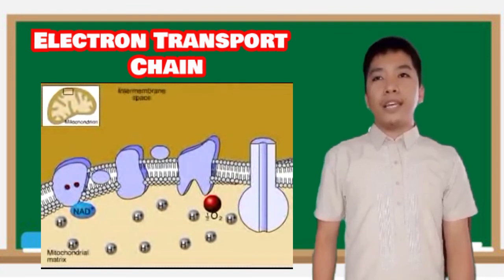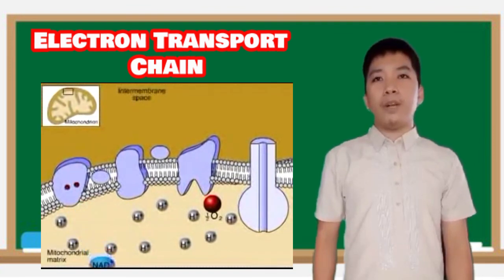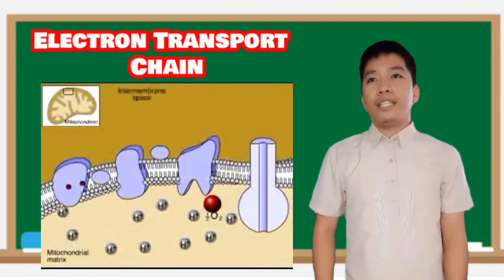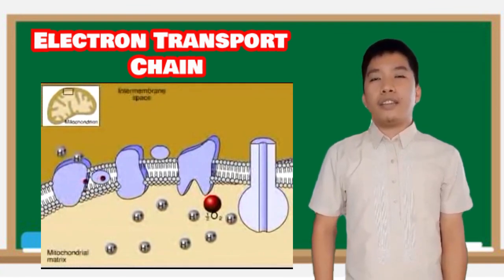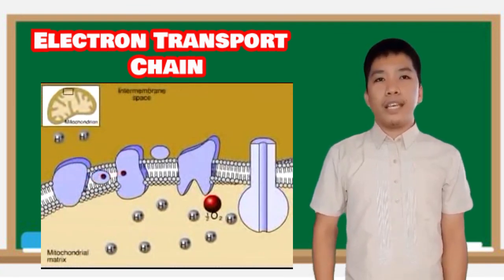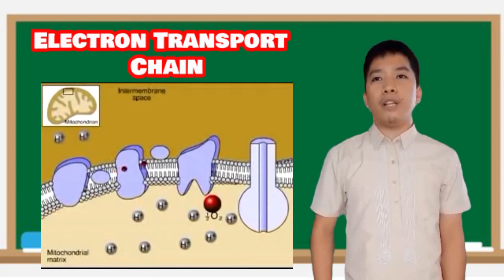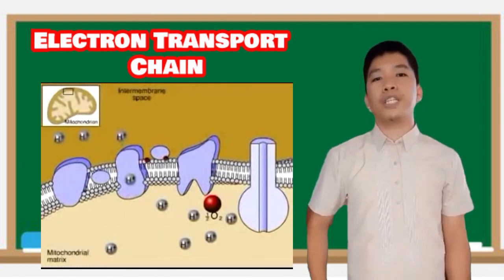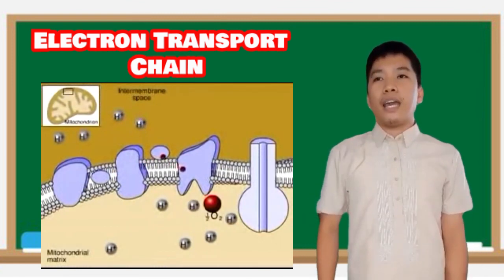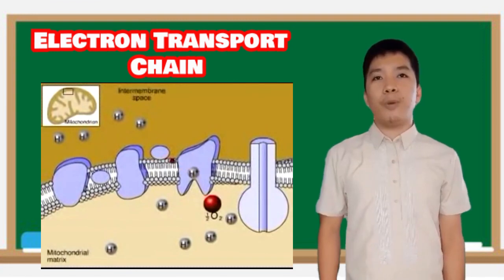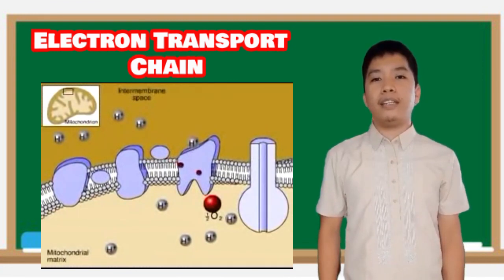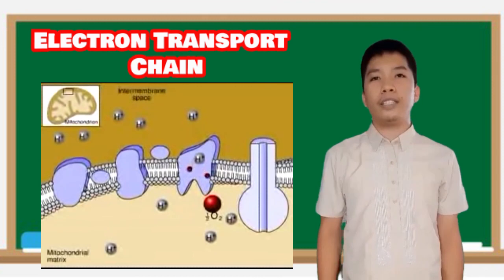The protons remain in the cytoplasm or mitochondria. This stage will generate 34 ATP molecules and water from the carrier molecules that were produced in the first 2 stages. The electron transport chain is a group of proteins embedded in the inner mitochondrial membrane or the cristae.